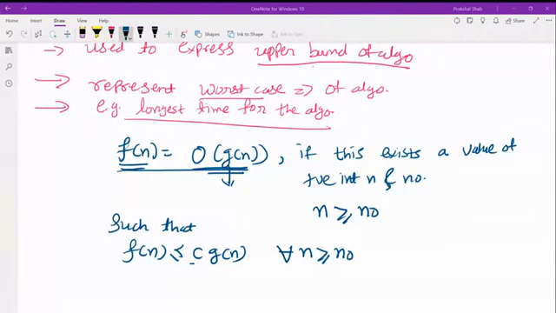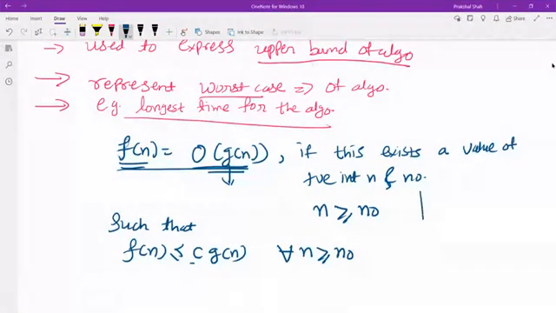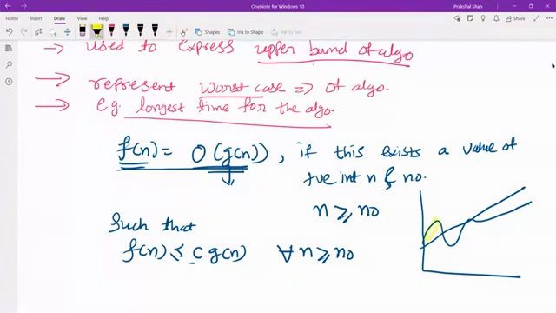So can I say therefore that function g of n is an upper bound for function f of n, as g of n will grow faster than f of n, yes or no? If this is my g of n, then initially g of n can be less than or equal to f of n.